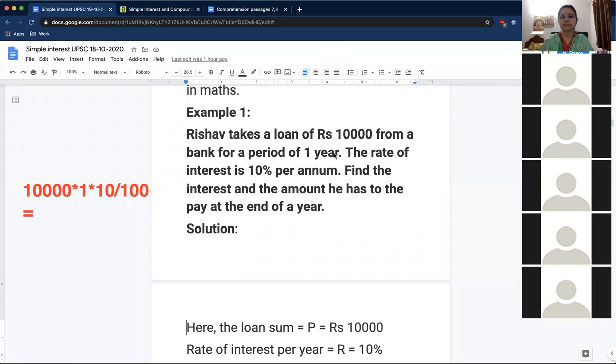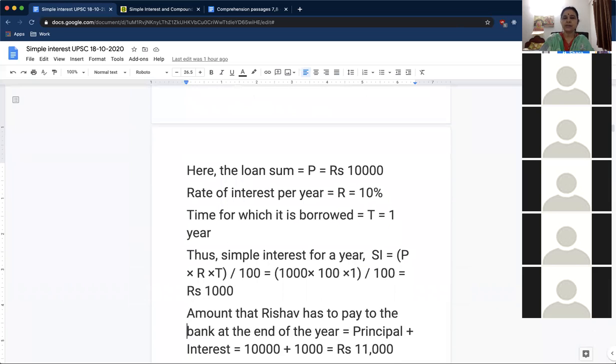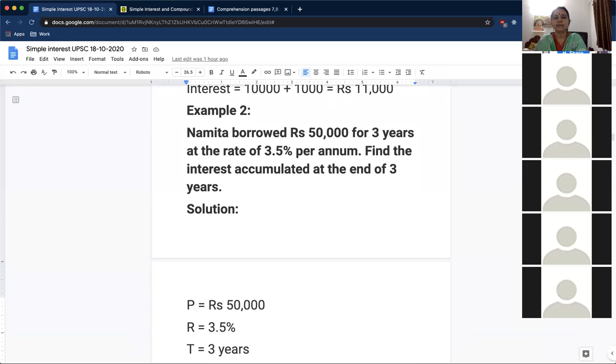From 10,000, 1,000 rupees. The interest is 1,000 rupees and the amount he has to repay will be 10,000 plus 1,000, that is 11,000 rupees. Good.